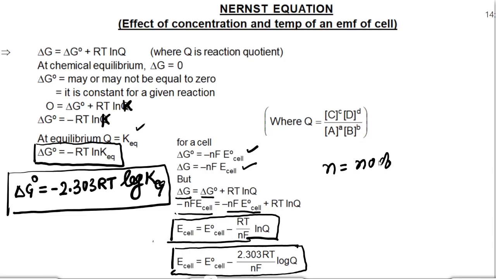Number of electrons gained or lost, or number of electrons transferred during the reaction.